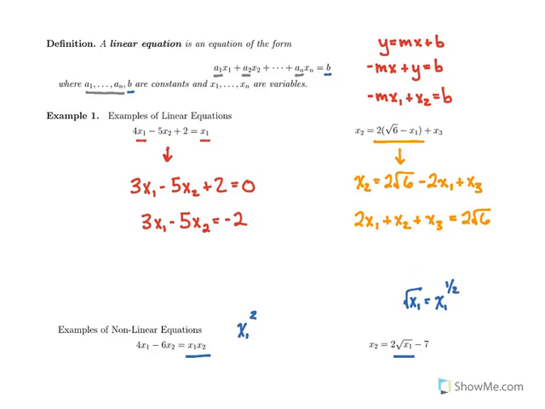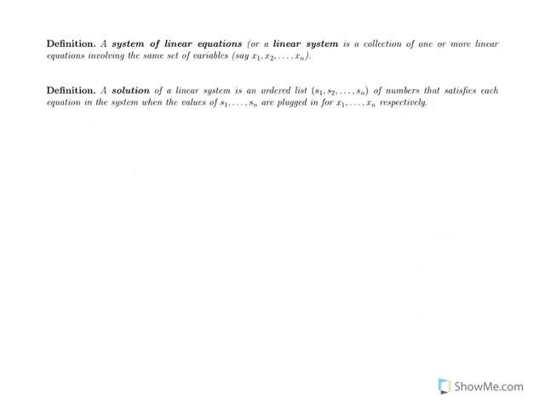Now that we've introduced what a linear equation is, we can start talking about a system of linear equations, or a linear system. This is going to be a collection of one or more equations involving the same set of variables, x1 to say xn, and commonly, if we're talking about 2 or 3 variables, we might have x, y, and z as our variables instead of x1 to xn.